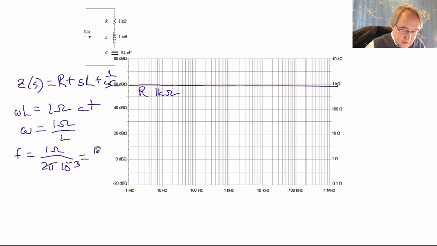So that's 10 to the 3 over 2 pi, which is 0.159 times 10 to the 3, or 159 hertz. So there's 159 hertz. We're at 1 ohm, or 0 dB ohms for the inductor. So we'll draw a line with a slope of 20 dB per decade through that.